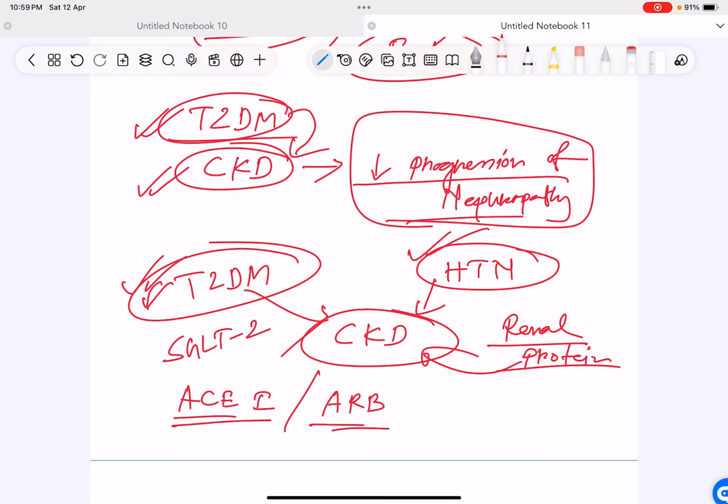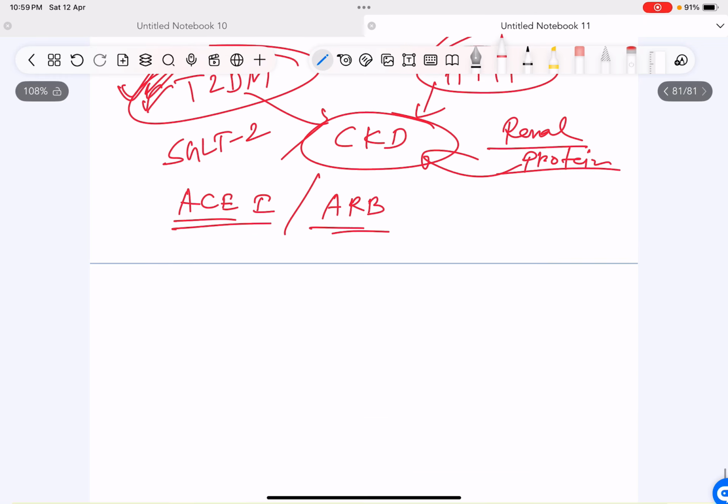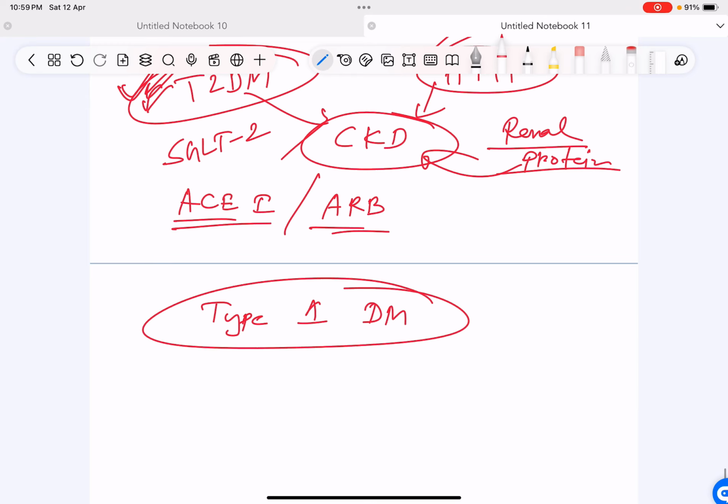Remember, they are only given in type 2 DM and never in type 1 DM, because this is an oral drug, and oral drugs are not allowed in type 1 DM.